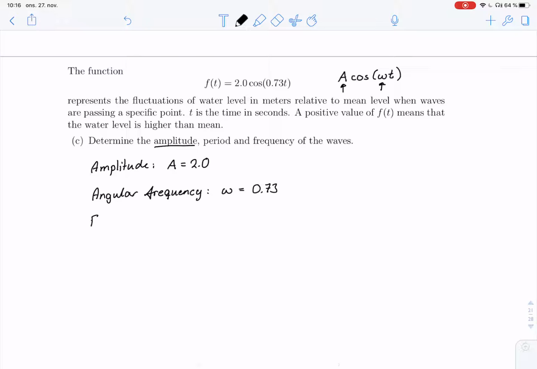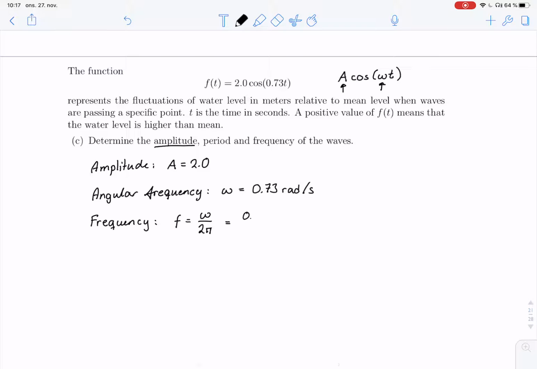So our frequency, actually now we're into radians per second, but our frequency would be omega divided by 2 pi.